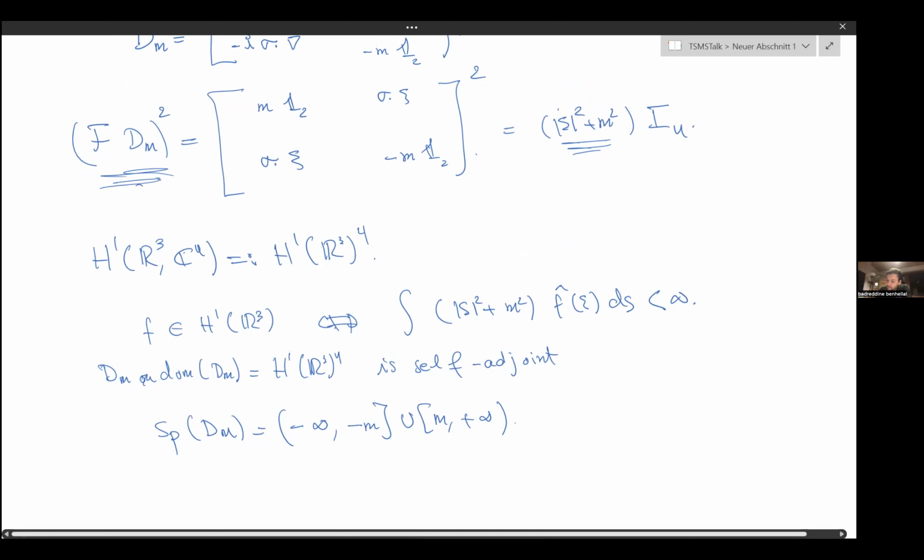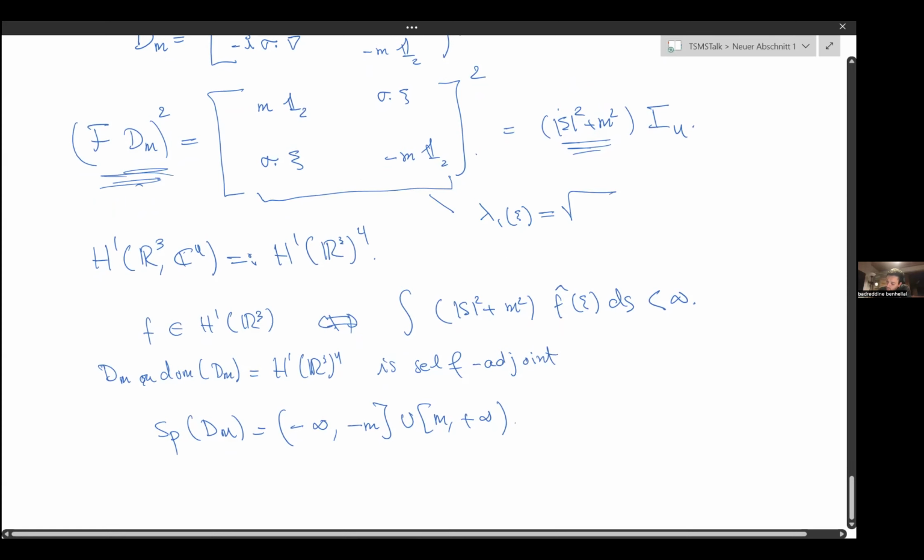That means that this matrix has two eigenvalues, lambda 1 of xi, which is equal to square root of xi squared plus m squared, which is equal to minus lambda 2 of xi, and both are of multiplicity 2.